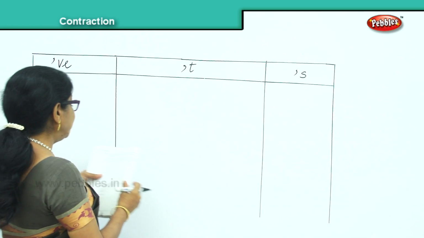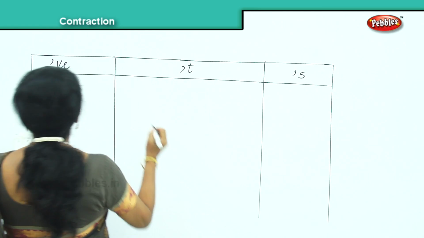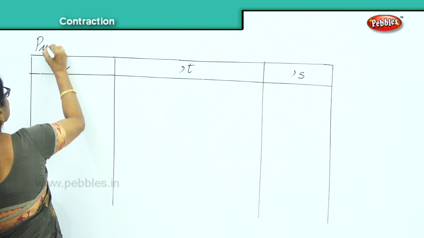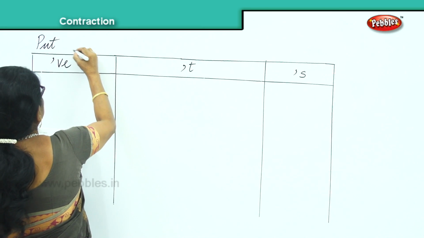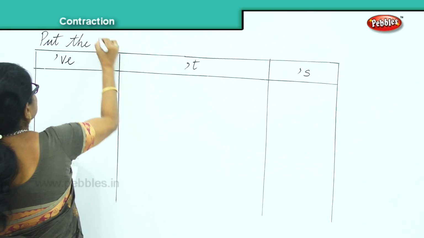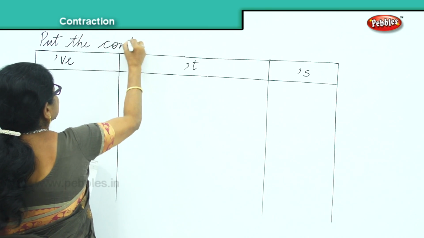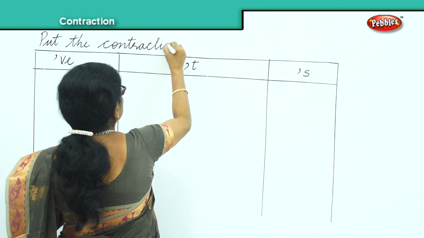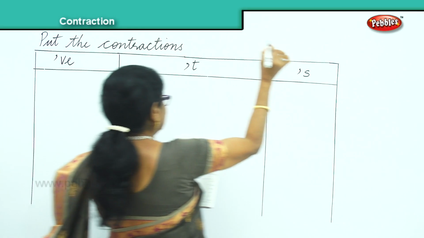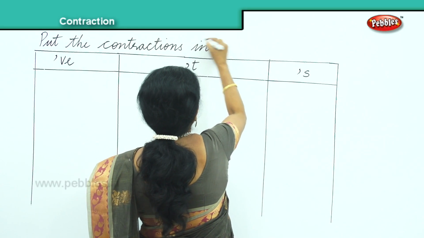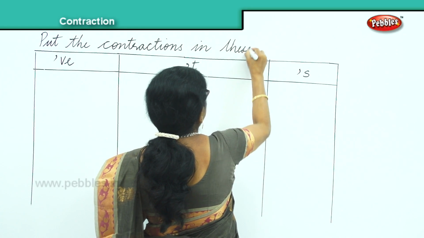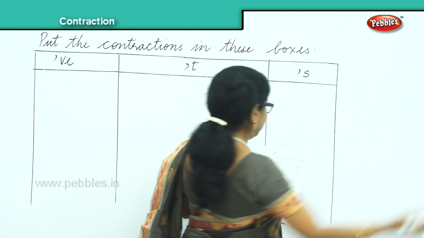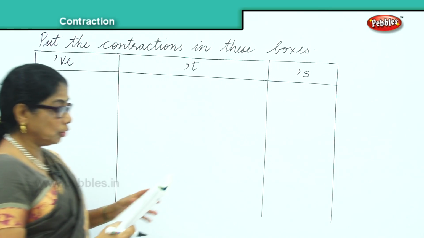Okay. So what we are going to do now is put contractions in each of these boxes. Now each one should be different.